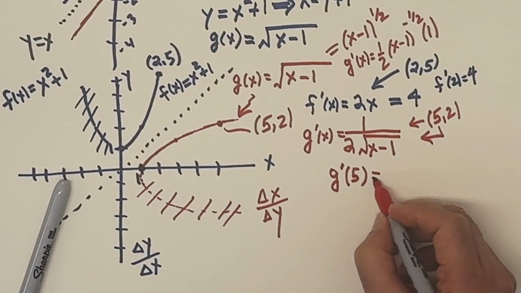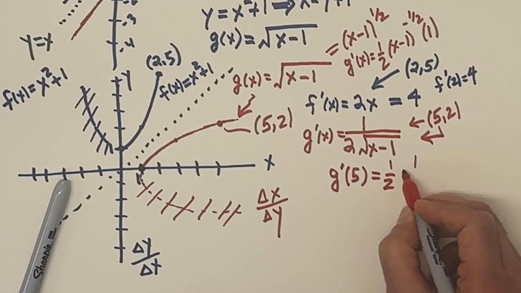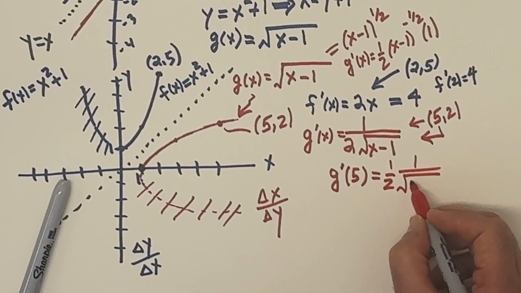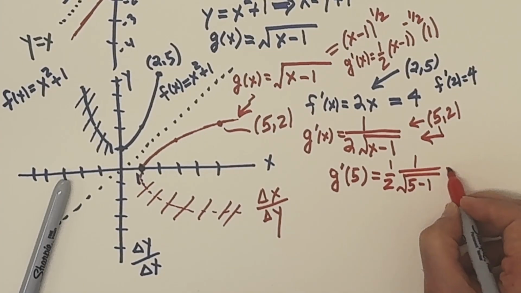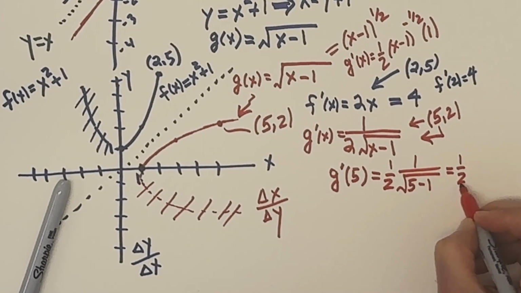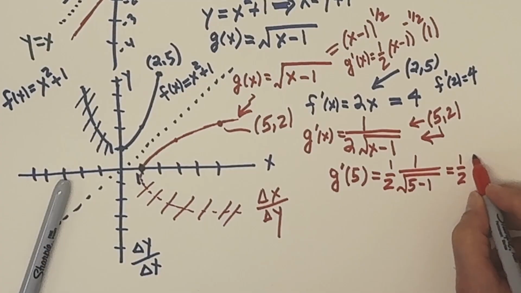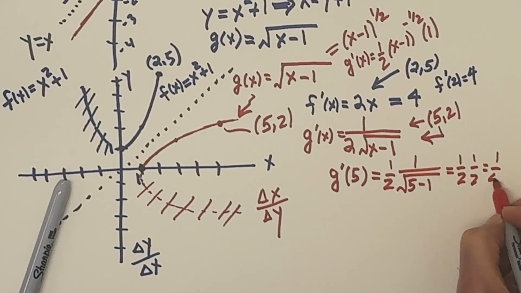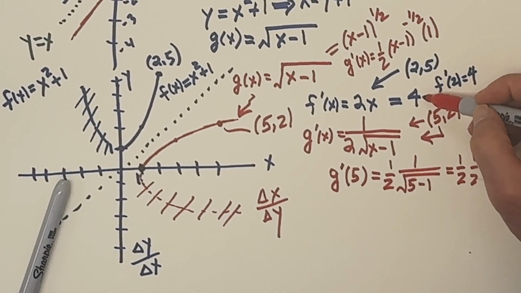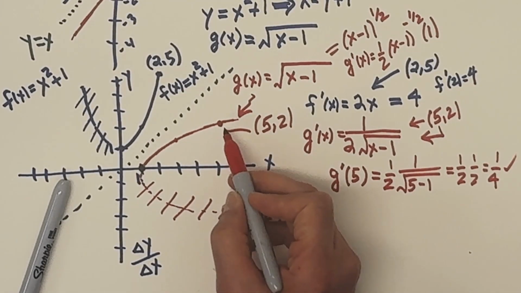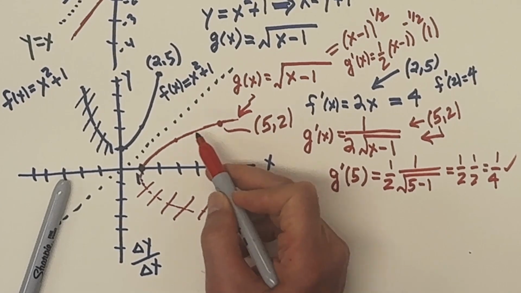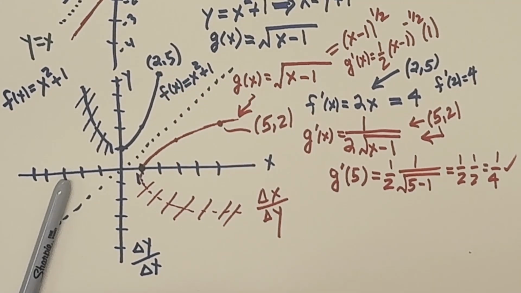So then I would have 1 over 2 times 1 over the square root of 5 minus 1, and this is the square root of 4, so 1/2. And sure enough, this is the reciprocal of the 4. It's 1 over 4. So this has a derivative of 1/4, and this has a derivative of 4.